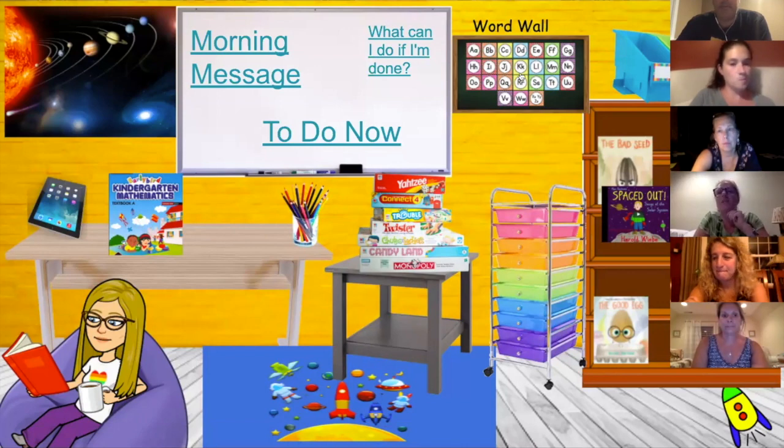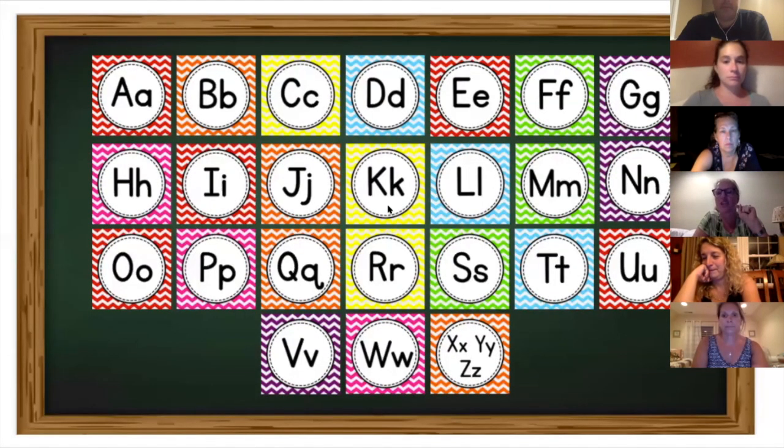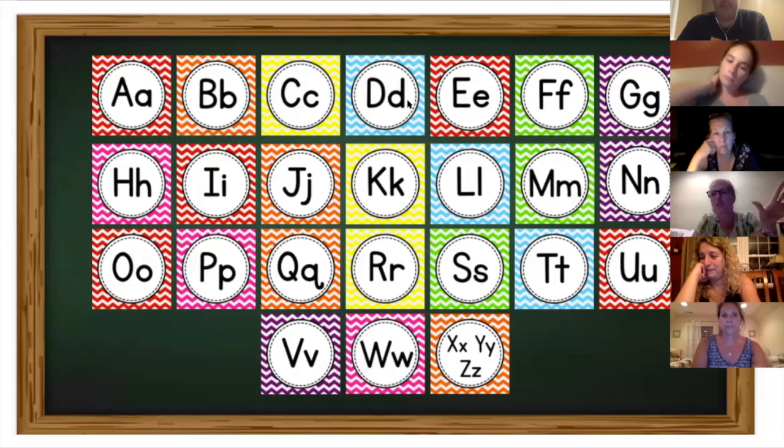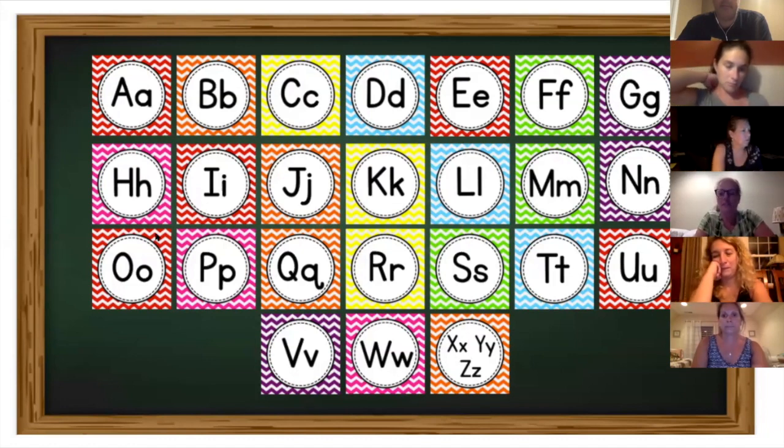Like this word wall, I'm working on this as we speak. That link is going to take me to this page, and then each one of these boxes or cubes will go to that letter's word wall. I haven't done any of that yet, but this is where I get stuck.